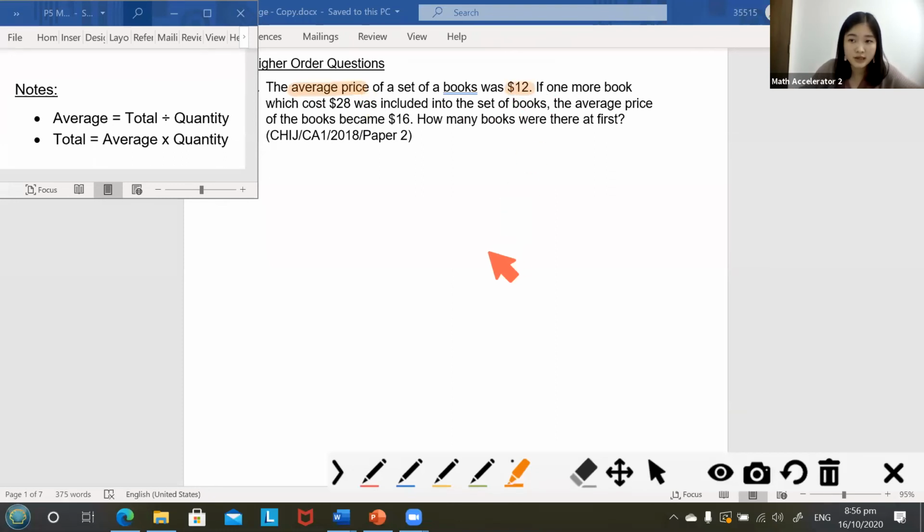Okay, take note, this time round, they didn't tell us how many books there are. They just told us the average price of a set of books.